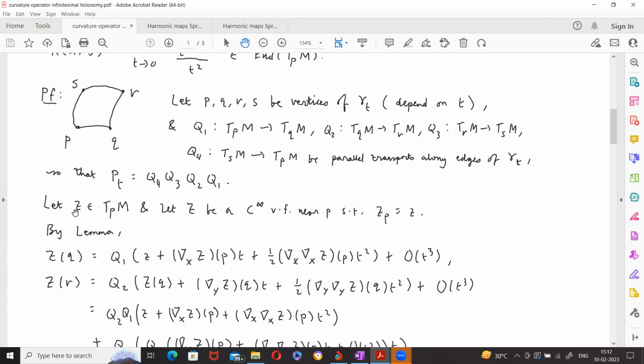Now you take z, which is an element of the fiber at P, and you let capital Z be a smooth section near P, whose value at P is equal to little z. Okay. Then using the Taylor formula, you can write the value of Z at Q as Q1 into little z plus nabla X Z at P into T plus half nabla X X Z at P into T squared plus a term which is big O of T cubed, right? This is the Taylor formula. Yes? Okay.